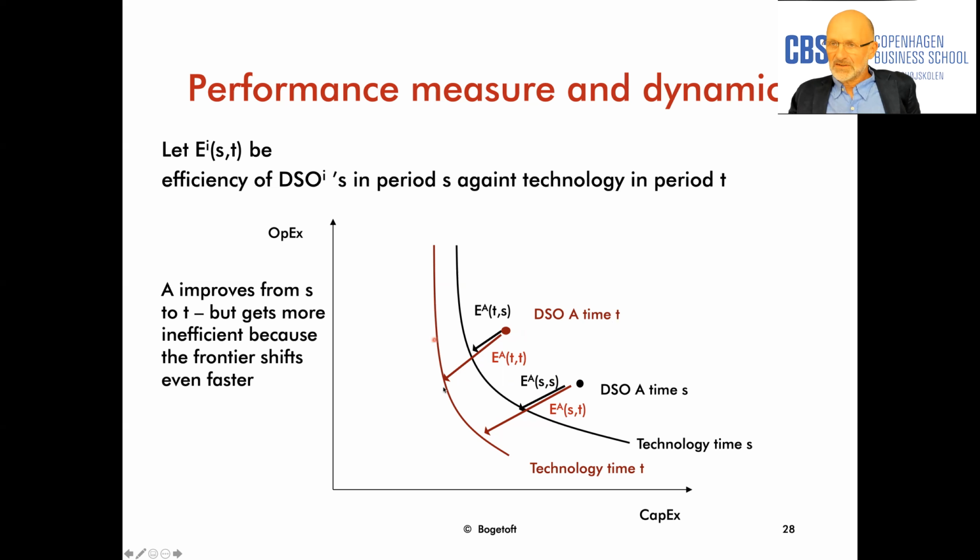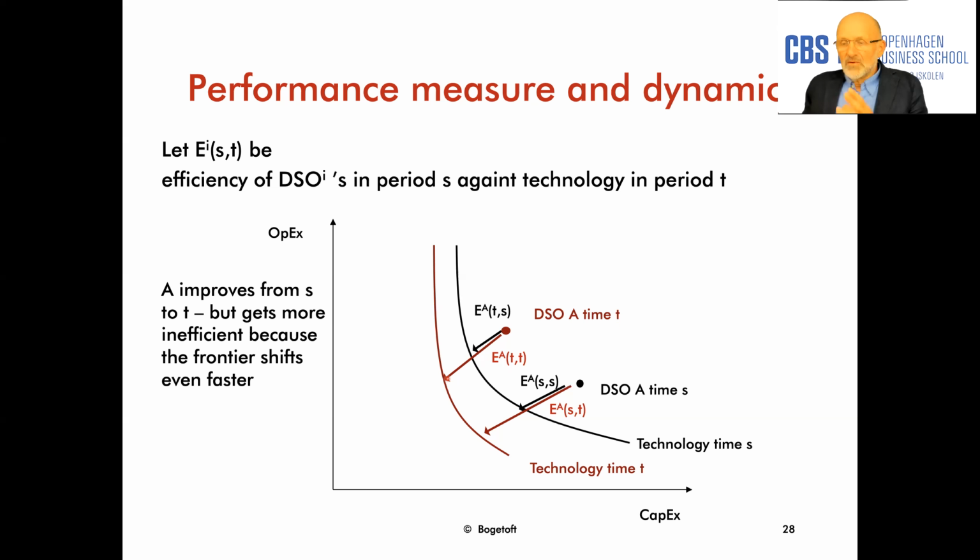So now the frontier is down here. While before I had a distance to state-of-the-art technology equal to this, I make some improvements, I get closer to the frontier. I'm also changing a little bit what kind of inputs I'm using, but I'm getting closer to the frontier. All of a sudden, the frontier has moved, and now I'm further away from the frontier.